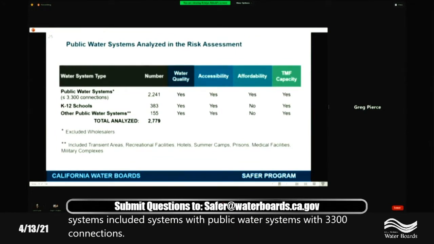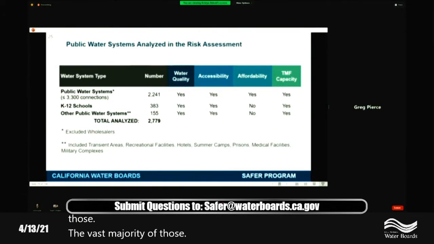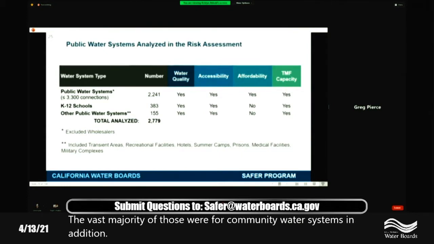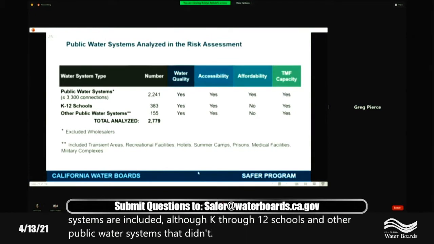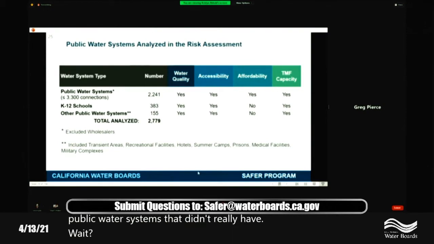As you can see on the slide here, the vast majority of those were community water systems. In addition, K through 12 schools and other types of public water systems were included, although K through 12 schools and other public water systems that didn't really have ratepayer bases were excluded from the affordability assessment, as we'll touch on later.